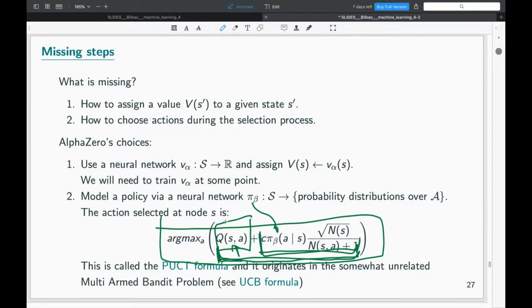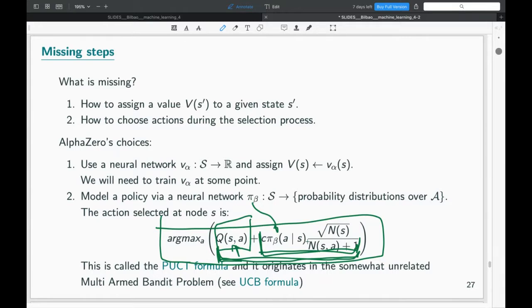So this term in here is telling you choose the best action, and this term in here, if you think about it, is telling you choose the action that you have chosen the least at state S, and then you add them up, and they make an interplay. They balance choosing the best action and choosing some action that you haven't explored.